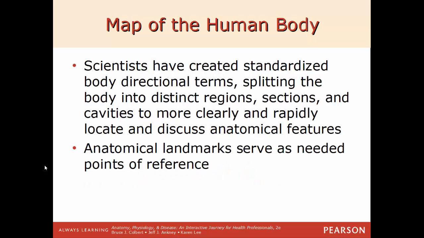Scientists have created a very standardized, very accepted list of body directional terms, splitting the body into distinct regions and sections and cavities and planes and so on. They're used to clearly and rapidly locate various anatomical features, and often anatomical landmarks will serve as a point of reference.